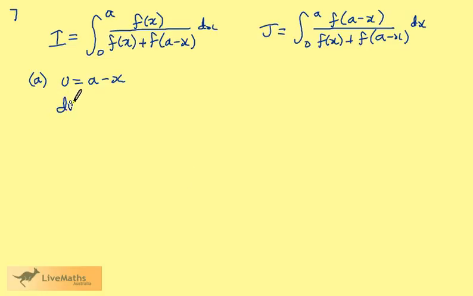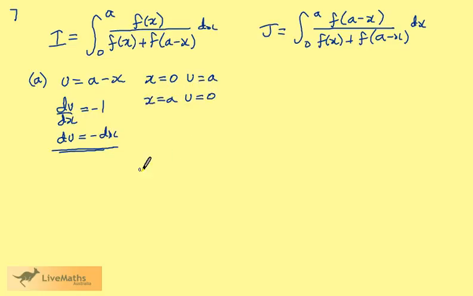So, du dx is equal to -1, which means that du is equal to minus dx. If x is equal to 0, u is equal to a. If x equals a, u is equal to 0.